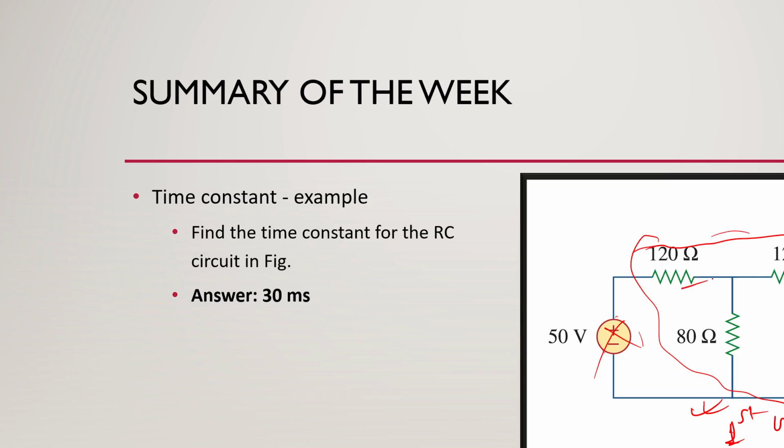All the other elements, the resistors and this voltage source, are not memory elements, right? Okay, so this is a first order circuit. I have asked in this question to find the time constant of this particular RC network. I have already given the answer here, 30 milliseconds. But I would encourage you all to pause the video for a moment and look at it and try to find out what is the order of this circuit, and try to do that.